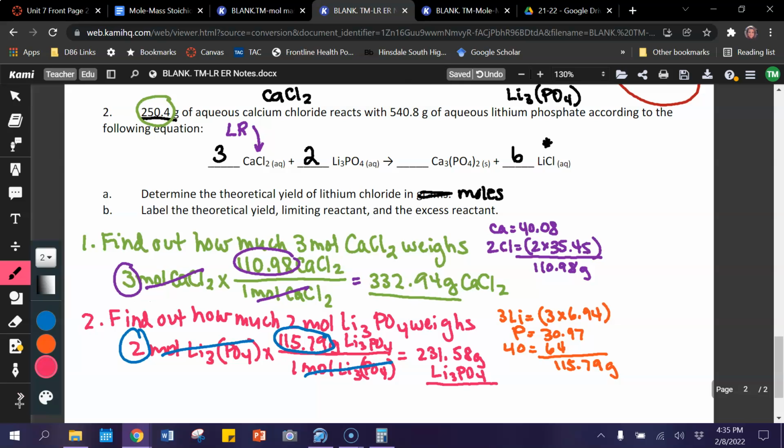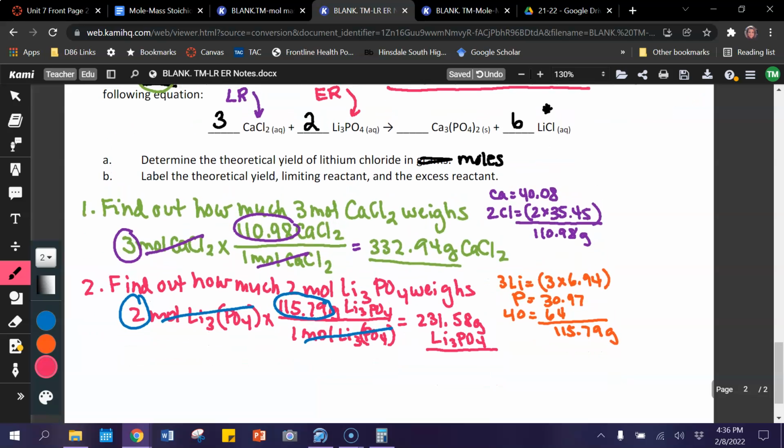And if I look back at my problem, I see that I have a lot of lithium phosphate. I have much more than I need. I have 540.8 grams of lithium phosphate. So lithium phosphate is my excess reactant.